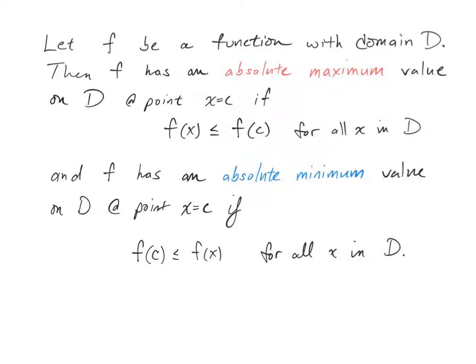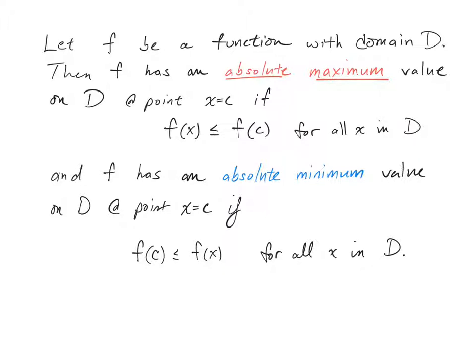So the definitions here, let f be a function with domain D. If we have this set up, then f has an absolute maximum value on the domain D at point x equals c if f of x is less than or equal to f of c for all x in the domain.